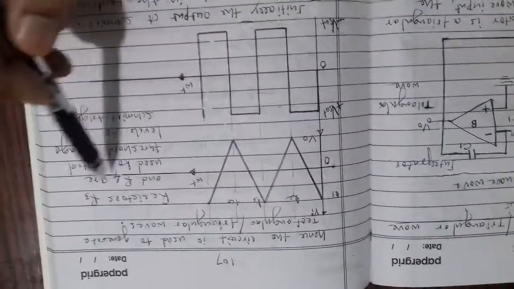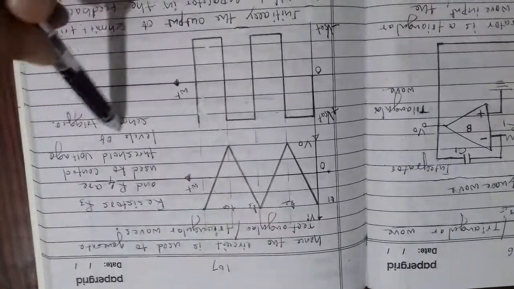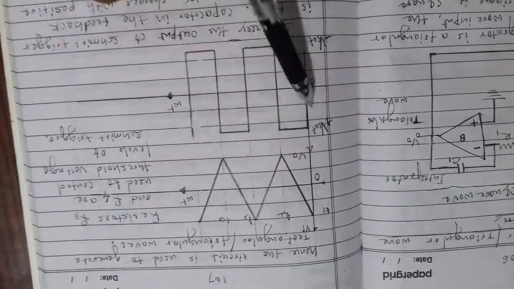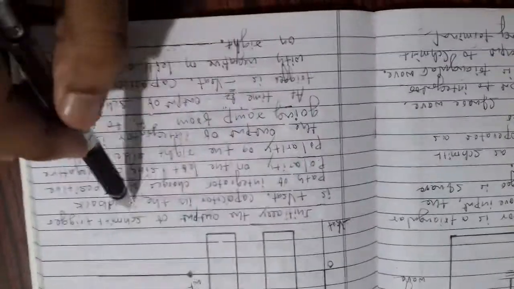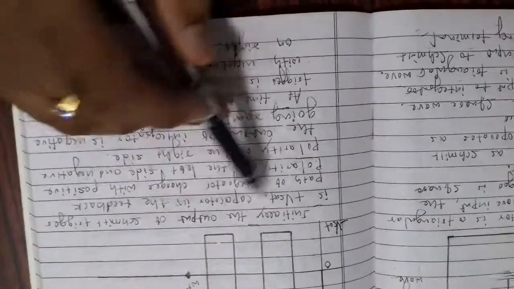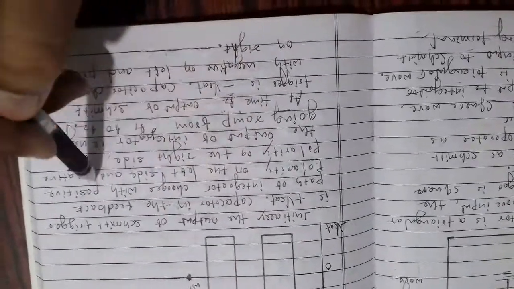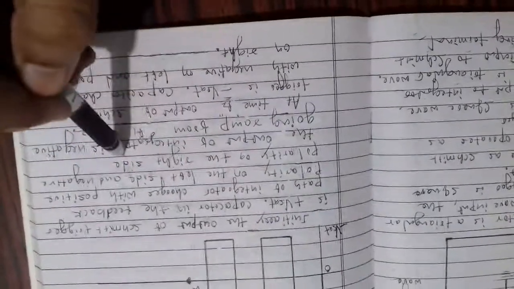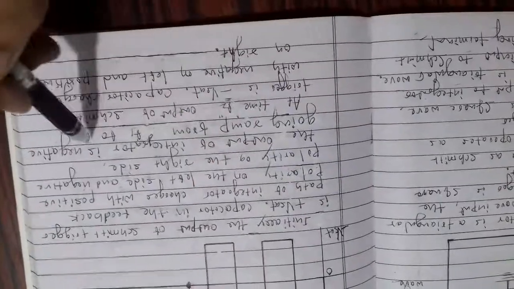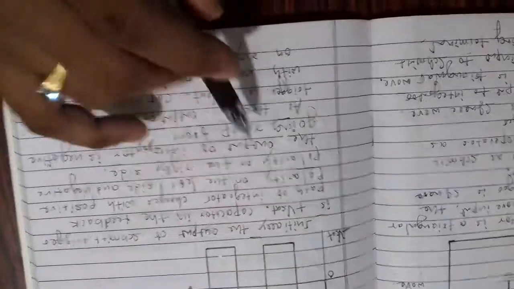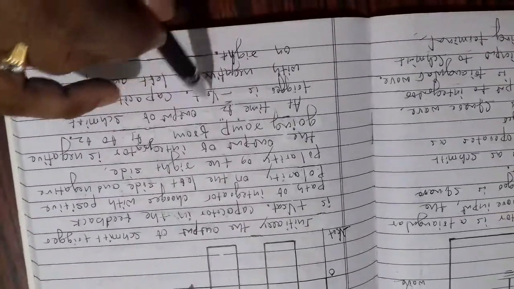Resistors R3 and R4 are used to control threshold voltage levels of the Schmitt trigger. Initially, at T1, the output of Schmitt trigger is at plus V saturation. Capacitor in the feedback path of integrator charges with positive polarity on the left side and negative polarity on the right side. The output of integrator is a negative going ramp from T1 to T2. At time T2, the output of Schmitt trigger is minus V saturation.